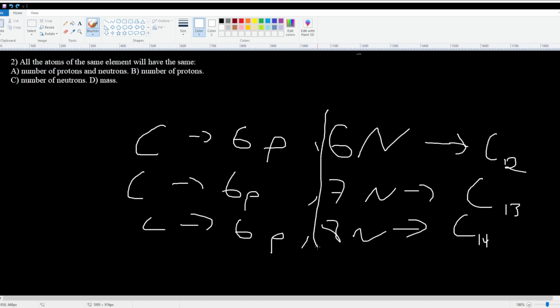That's also the case with the neutrons, but not necessarily the chemical properties of the element. If we're changing the neutrons, we're pretty much changing the radioactive properties of the element, because then the atom becomes unstable, etc. So what we're changing is B, the number of protons, not the number of protons and neutrons or mass. An atom will always be the same element if it has the same number of protons.